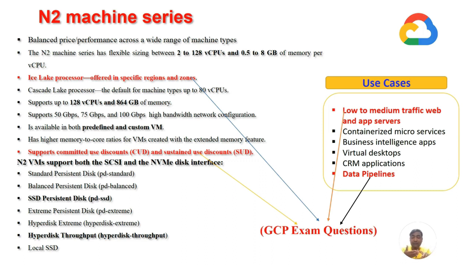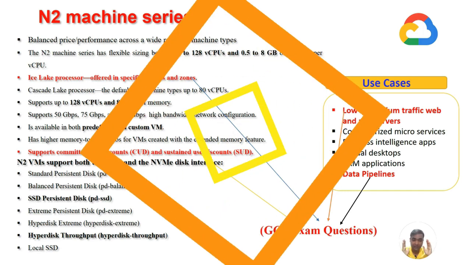N2 VMs support both SCSI, which means small computer system interface, and NVMe, which means non-volatile memory disk interface. SCSI is commonly used for connecting hard drives, tape drives, CD/DVD drives, and other devices to the computer system.